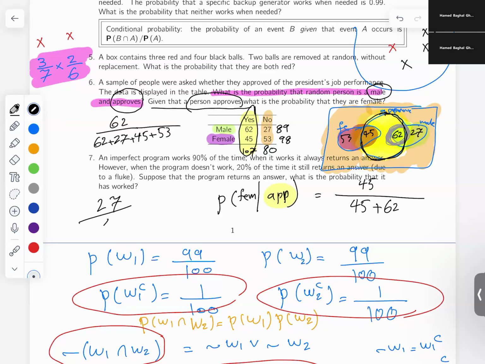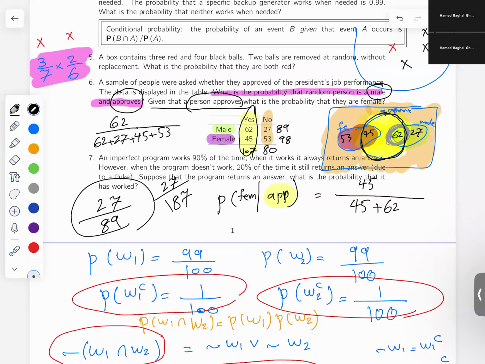Yeah, that total. What's the probability that the person is male and he said no? Excellent.